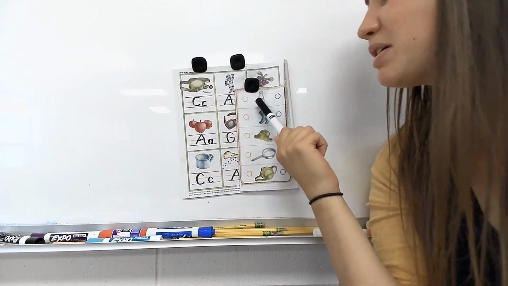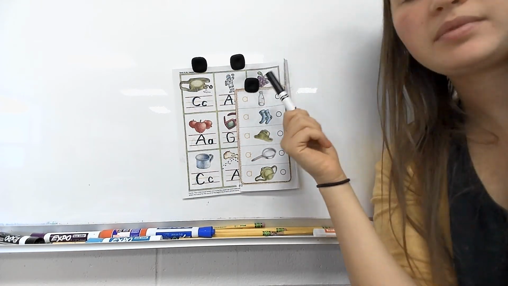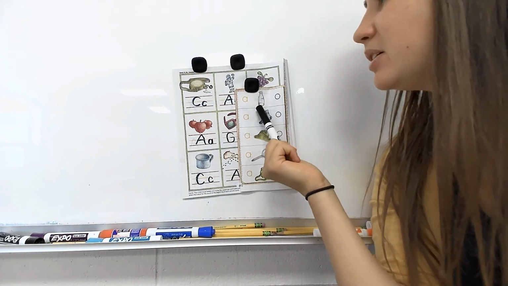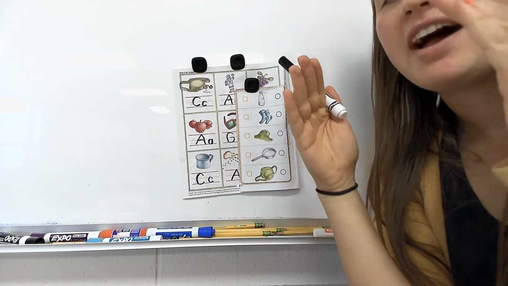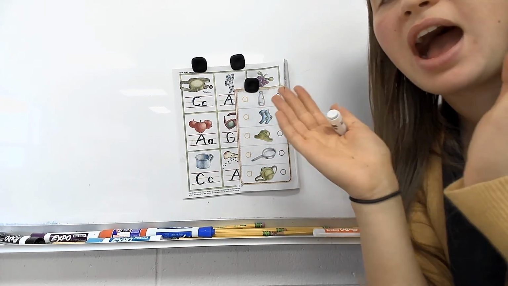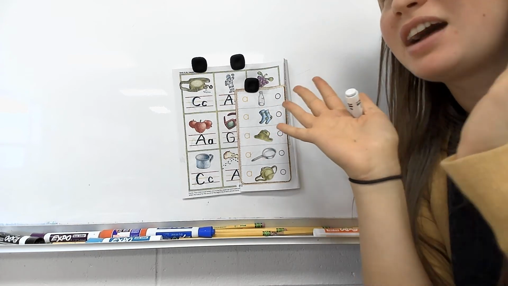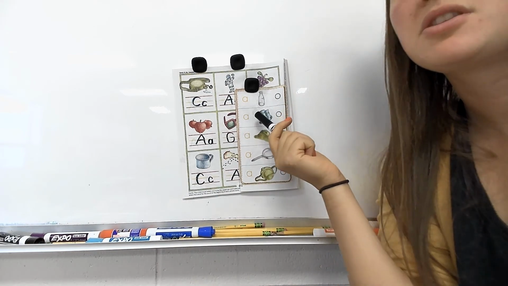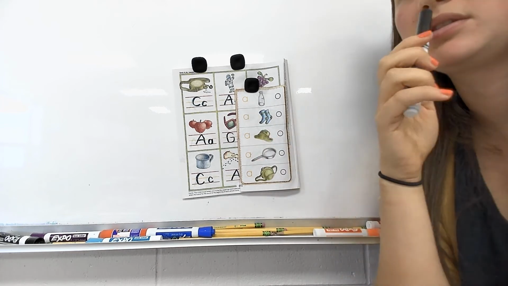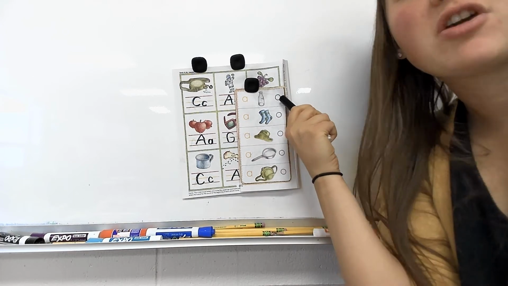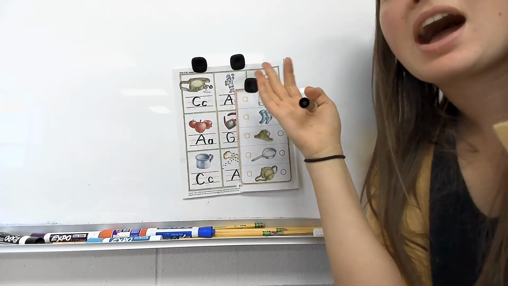All right, so we have a bottle here. Does bottle make that A sound or the O sound? Bottle. Do you hear the A sound or the O sound? You should hear the O sound.